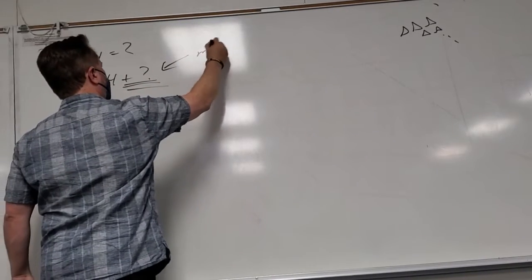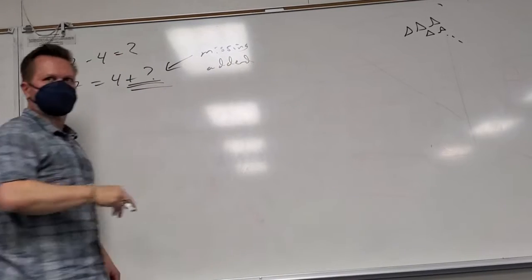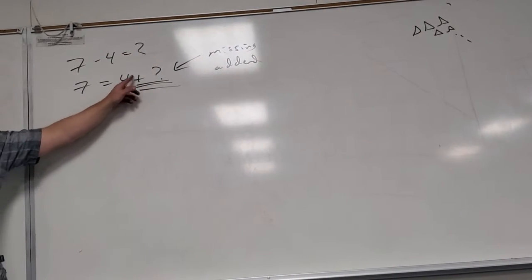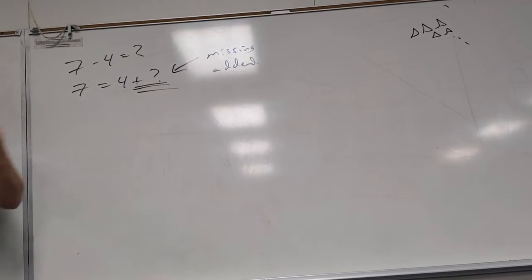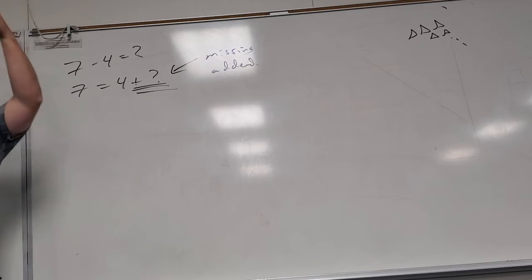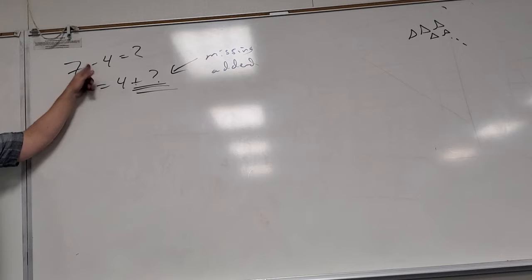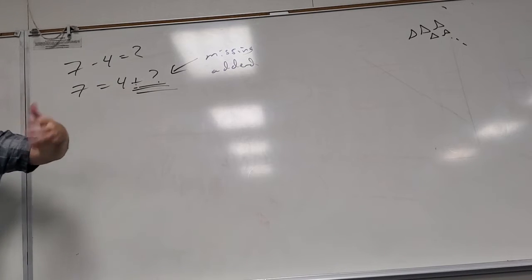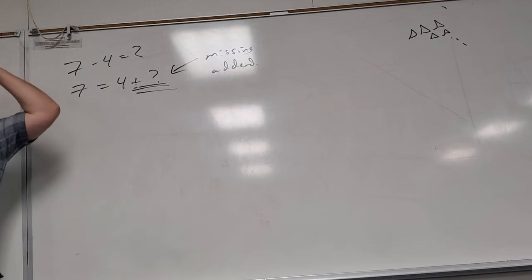Missing addend. Good. Because they can think 4 plus 1, 2, 3, 4, 5, 6, 7, 4 plus 3. So 7 minus 4 is 3, because we built it off of something they feel relatively comfortable with. New idea based on something they feel more comfortable with, which is something I try to do at every level of math I teach.